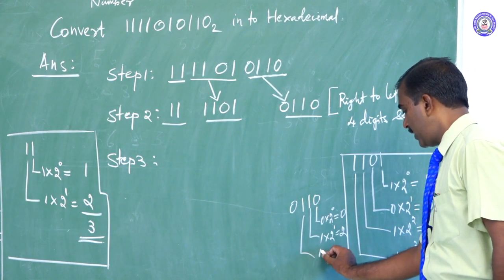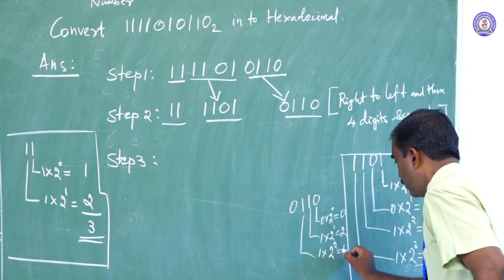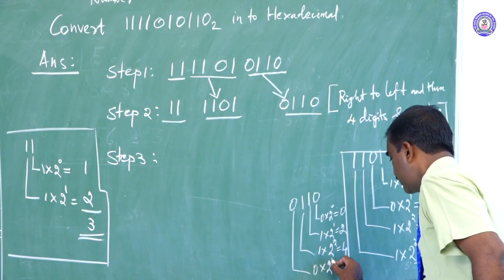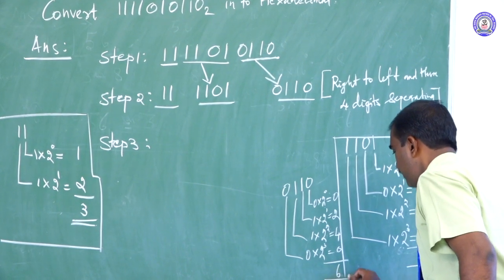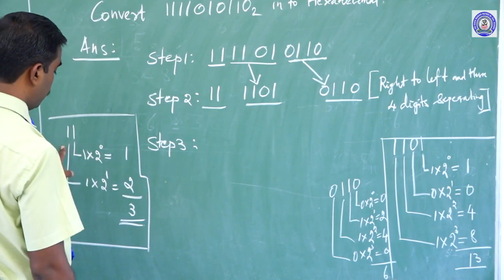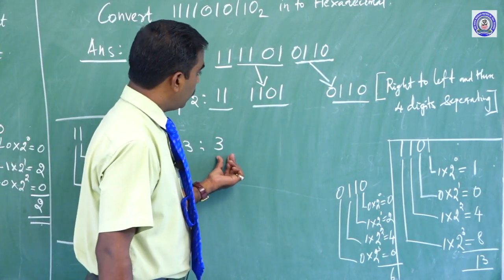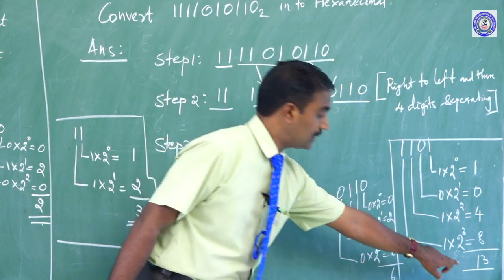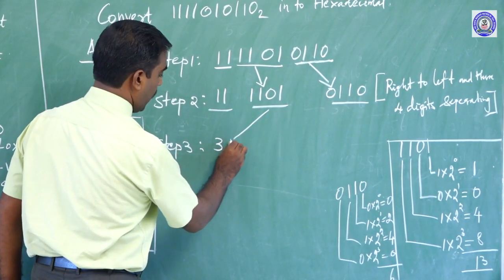Here also 1 into 2 to the power of 2 equals 4. Here 0 into 2 to the power of 3, 0 into anything is 0. That's why 6. Okay, we know the steps. First 1 1 means we know the answer 3, and then 1 1 0 1 means the number 13, so we should write 1 3.